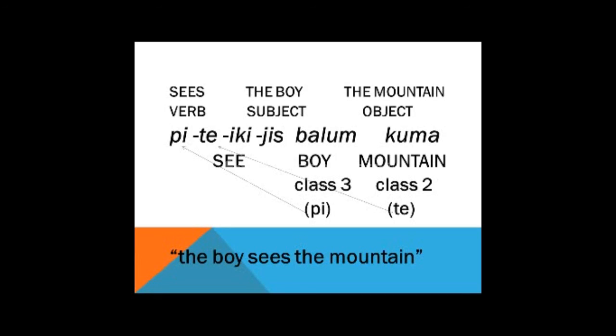And then the rest of the verb. So the verb shows agreement with the subject and the object in the sentence, and it shows agreement in terms of noun class. So the full sentence again, pi che yi ki yis balum kuma. Okay, and then if you were to translate that back into natural English, you of course would say the boy sees the mountain.